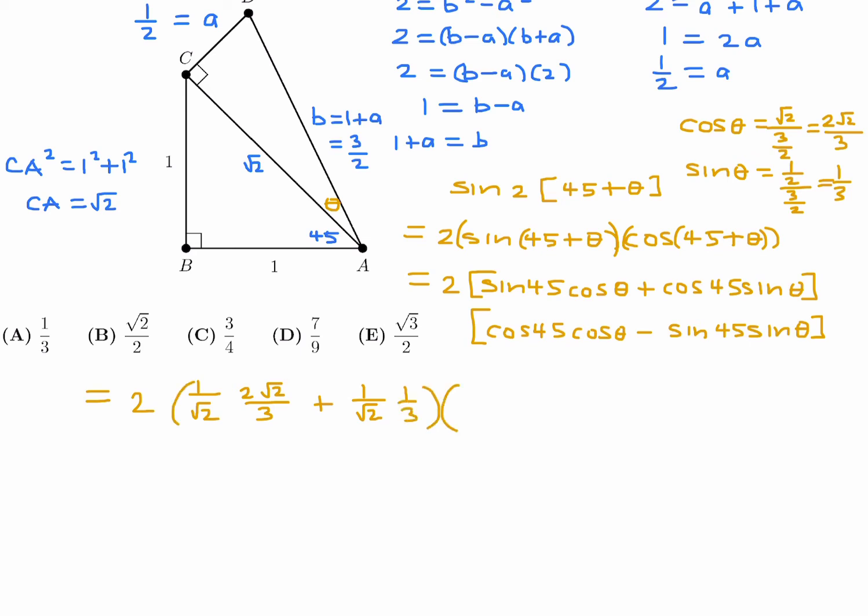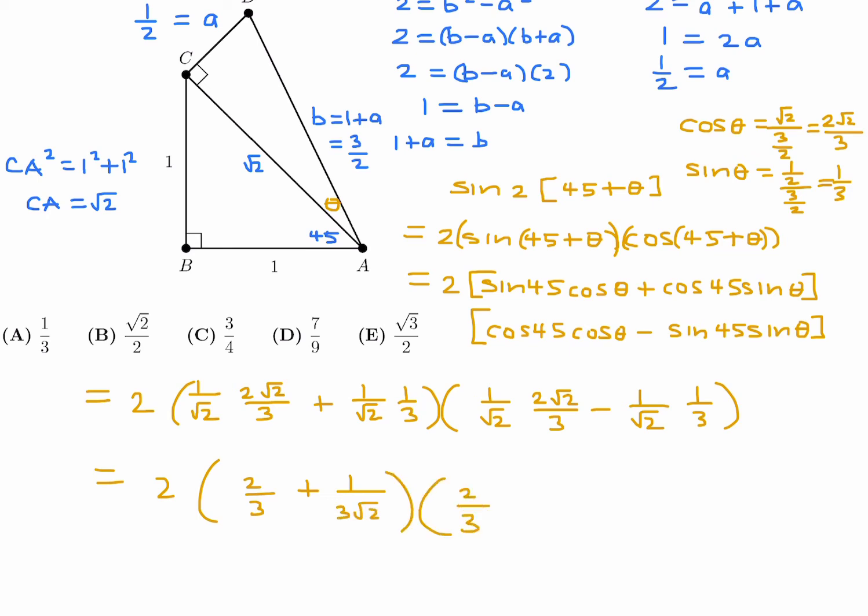And then the other one, cos of 45, 1 over root 2, cos of theta, 2 root 2 over 3, minus the sine of 45, 1 over root 2 times the sine of theta, which is 1/3. So this becomes 2 2/3 plus 1 over 3 root 2 times 2/3 minus 1 over 3 root 2.